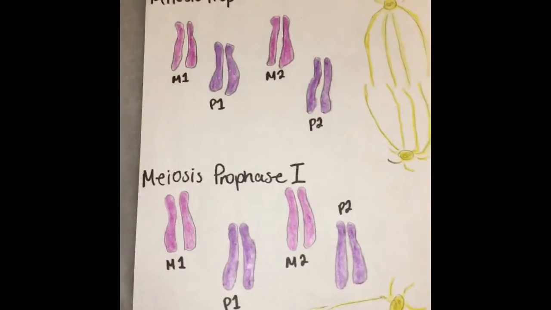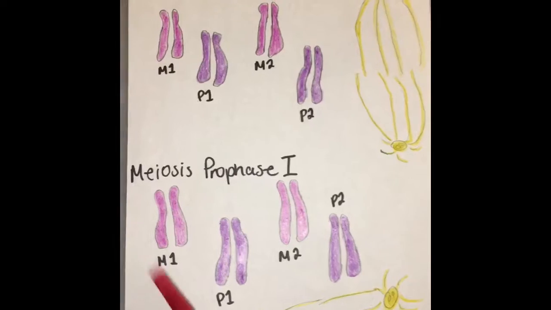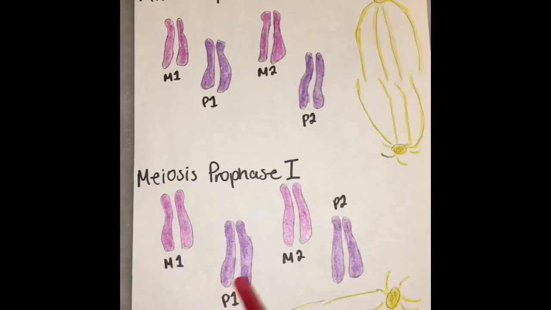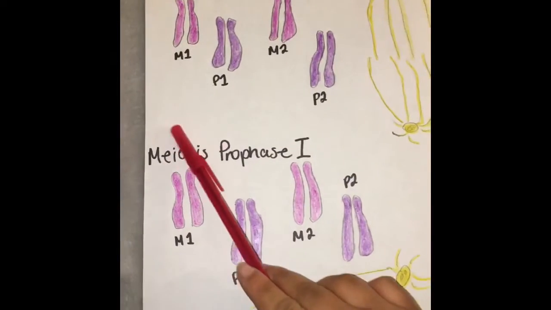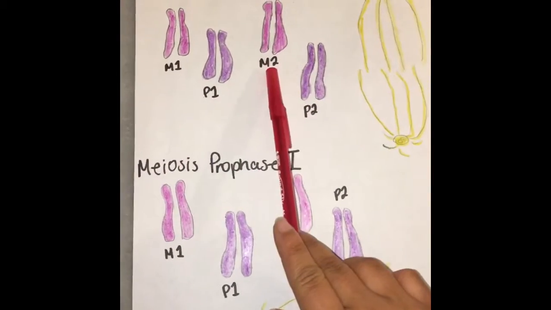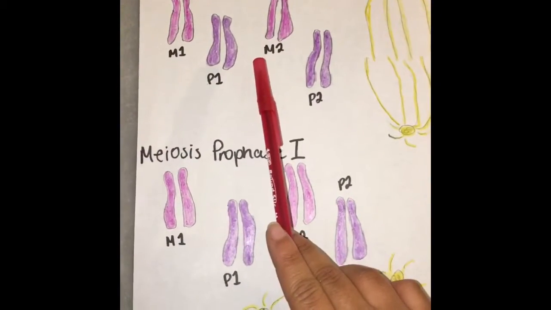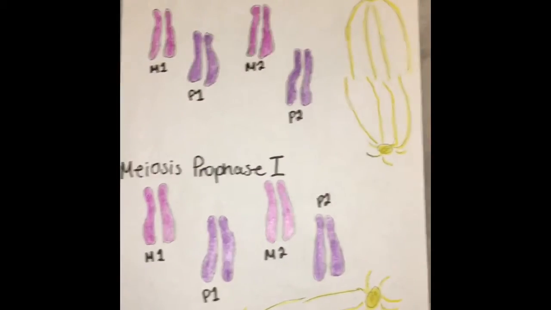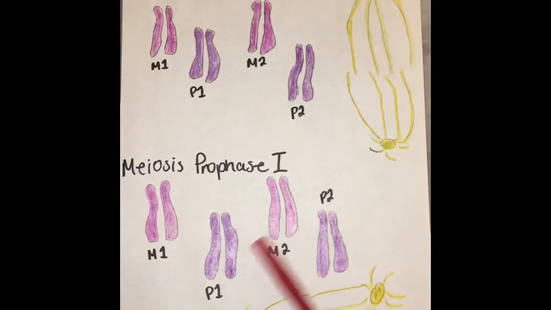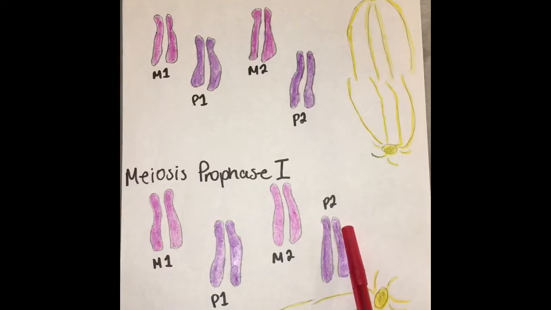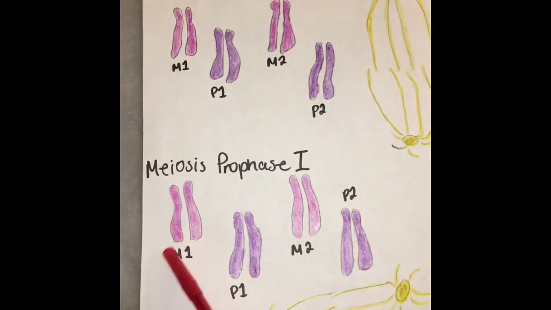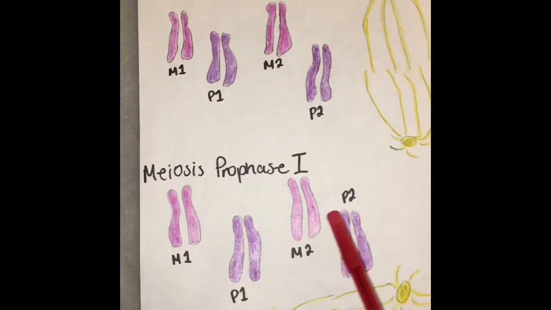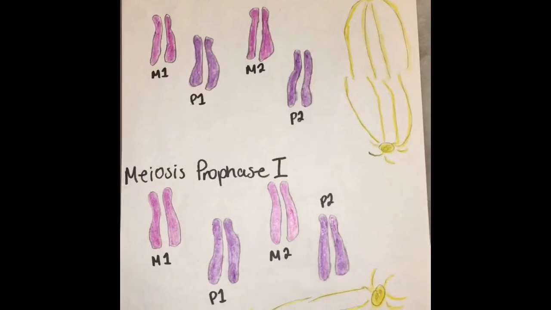So for each of these chromosomes, you can notice that I have put an M1, a P1, an M2, and a P2. The M's just signal the chromosomes that are maternal, and the P's signal that the chromosomes are paternal. So M means that it's from the mother, and P means that it's from the father.